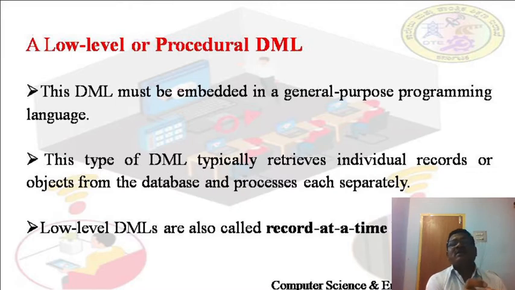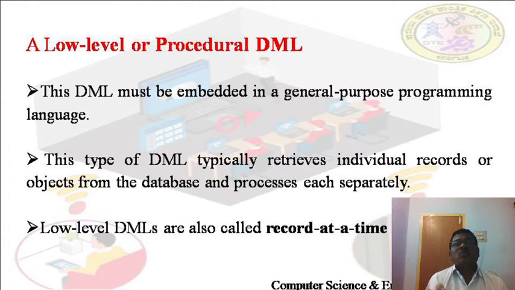In the previous non-procedural DMLs, with the help of single DML statements, they can fetch any number of records at a time. But here we have to fetch one record at a time and process it separately. That means usually in the programming language they will insert these DML commands and make use of loop constructs, looping statements.